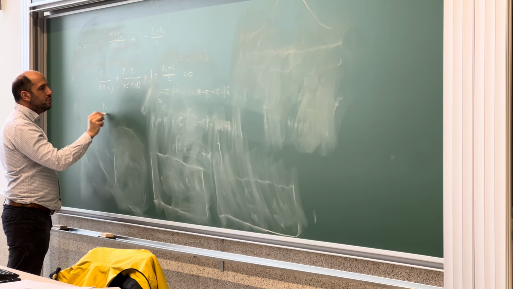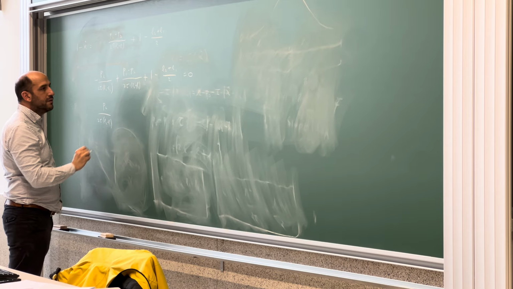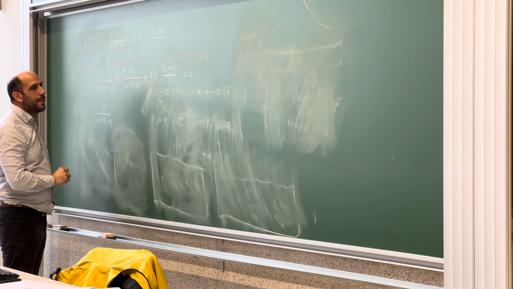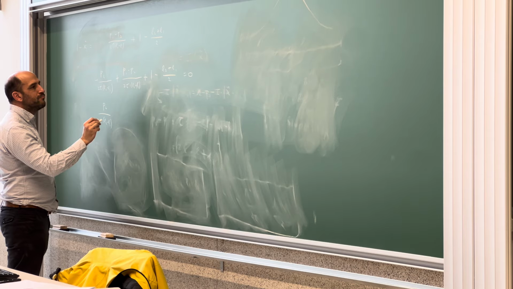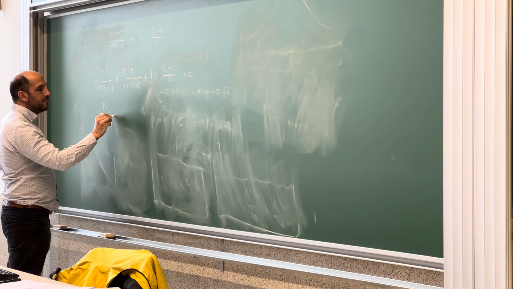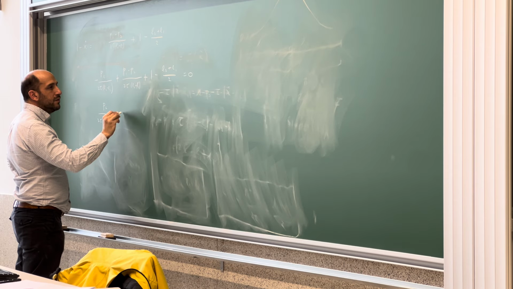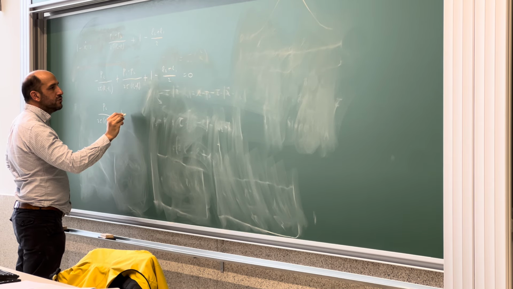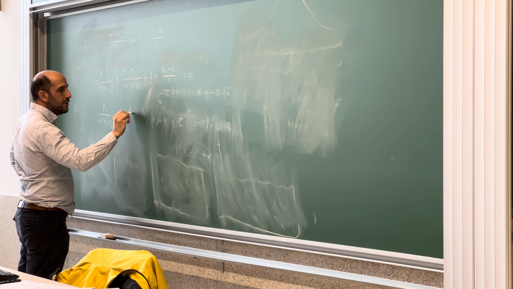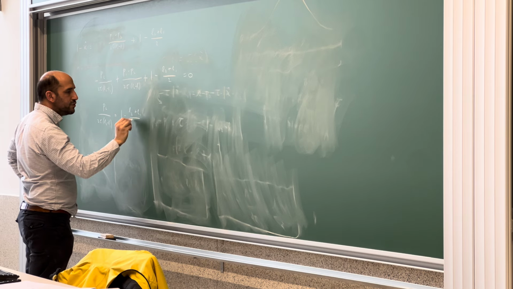We're going to have P2 over 2 tau times (L2 minus L1) equal to 1 minus (L2 plus L1) over 2.